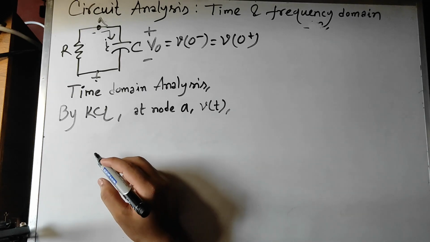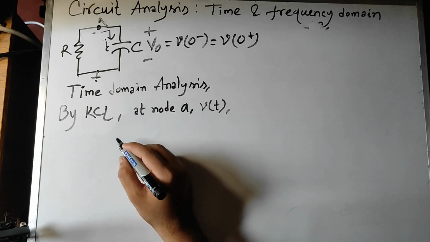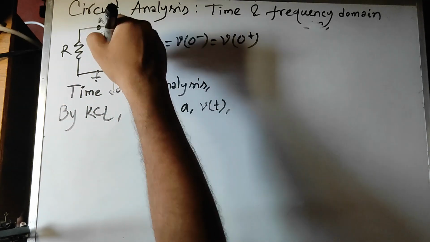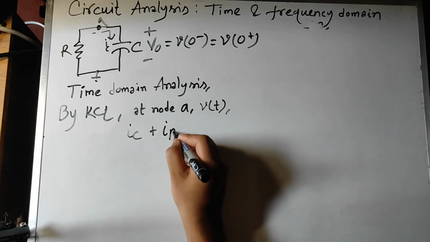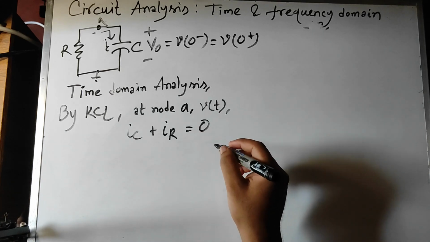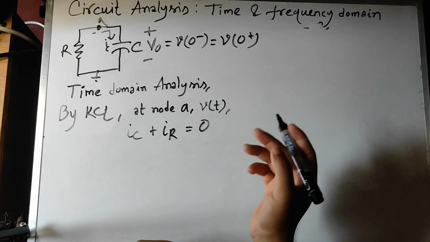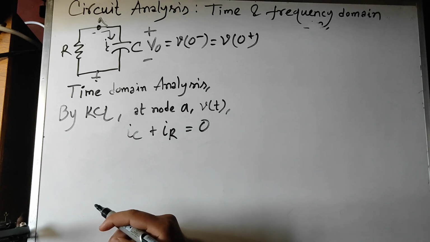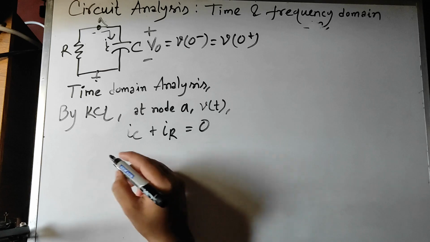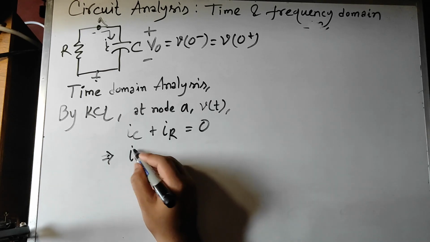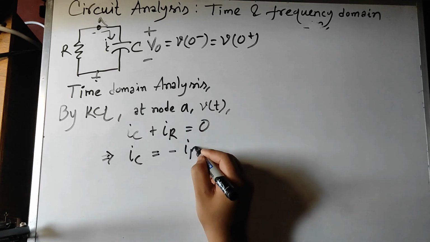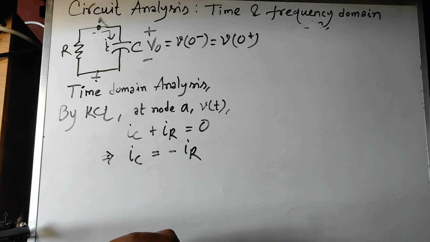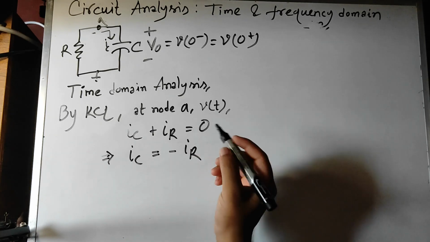The equation gives, for current, IC plus IR equals 0, because there's no source. The circuit is source free, and the current is obviously in the same direction. Or we can also write this in this form: IC equals minus IR, which is also a valid relationship.